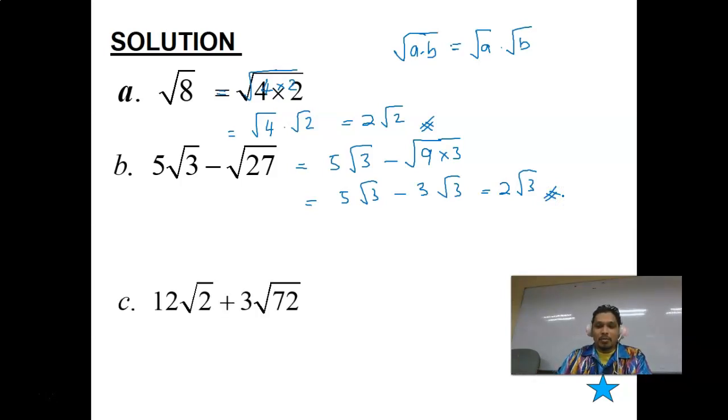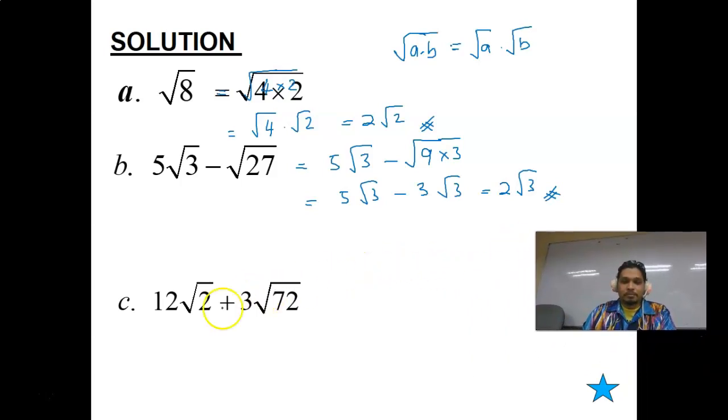Okay, so we have this one here now. 12 square root of 2 plus square root of 72. For 72, we make this one as square root of 36 multiplied with 2.